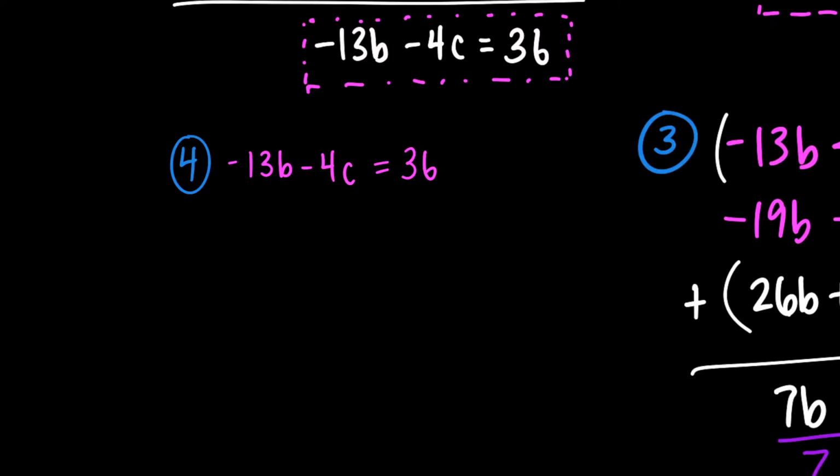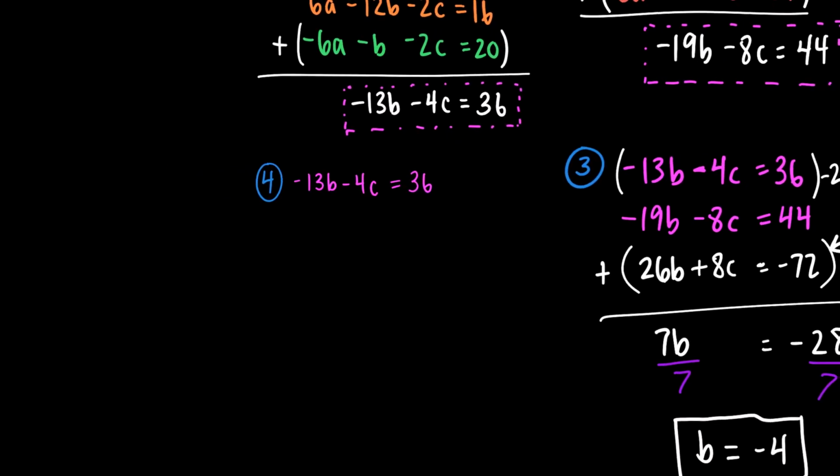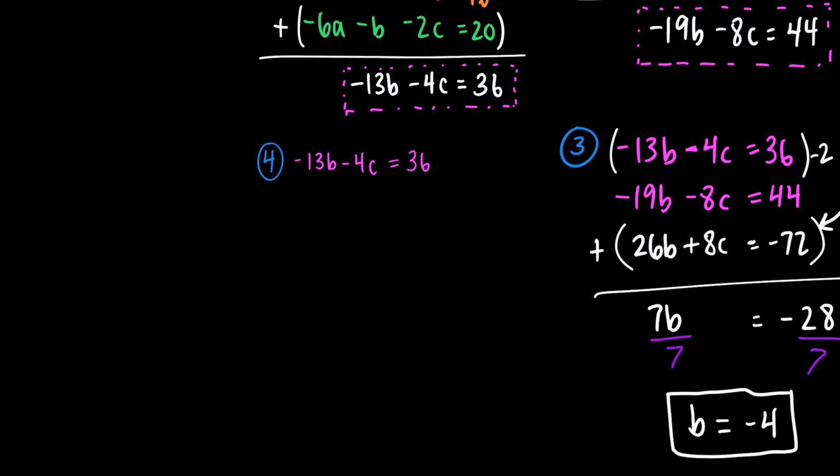And we're going to use our knowledge of the fact that b is negative 4. So we'll say negative 13 times b, which is negative 4, minus 4c is equal to 36.